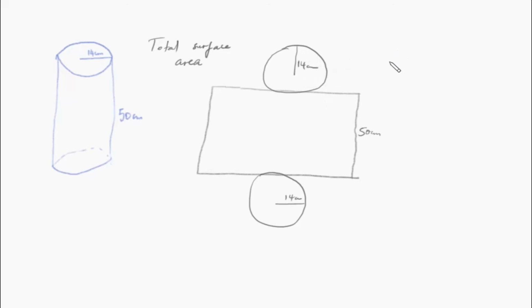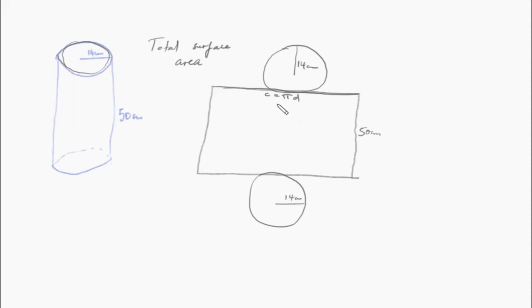Now, you are aware that this part here is the circumference. So circumference equals pi times diameter.